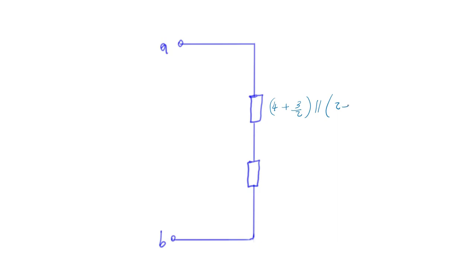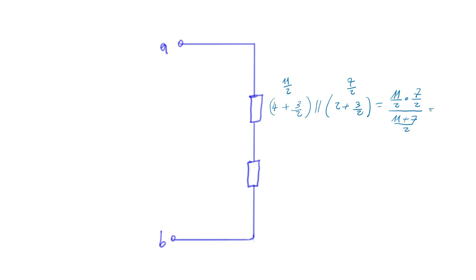This gives me, 4 plus 3 over 2, 11 over 2, and 2 plus 3 over 2 gives me 7 over 2. And so if I get 11 over 2 in parallel with 7 over 2, that gives me 11 over 2 multiplied by 7 over 2 divided by 11 over 2 plus 7 over 2, that gives me 11 plus 7 over 2.